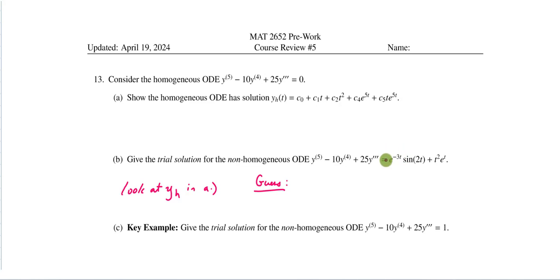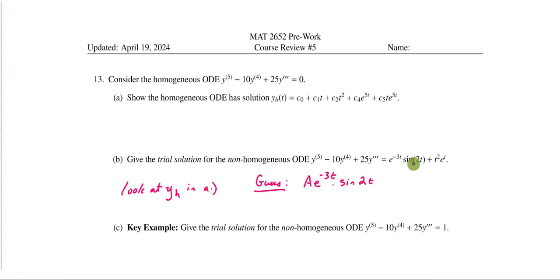As I take the derivative of this product of e to the minus 3t and the sine of 2t, I'll get factors like minus 3 e to the minus 3t, or 9 e to the minus 3t, or negative 27 e to the minus 3t. All of that can be summed up by A e to the minus 3t times, because there's always a product here, sine of 2t.